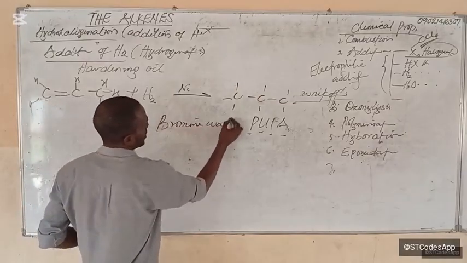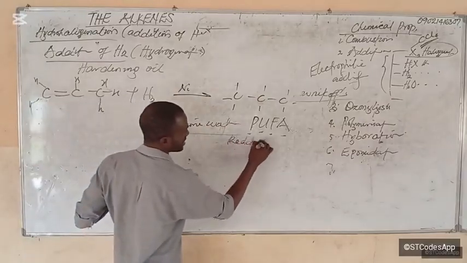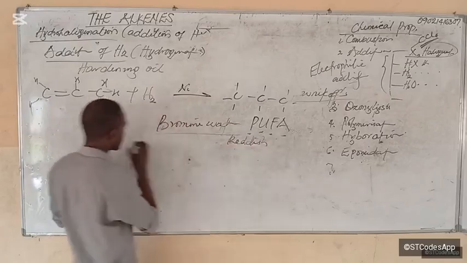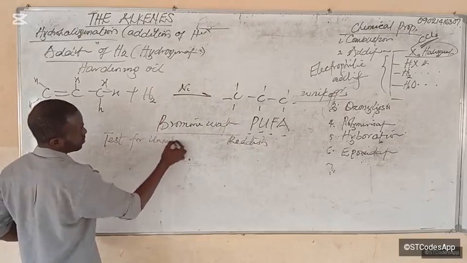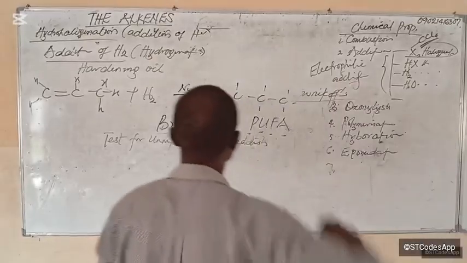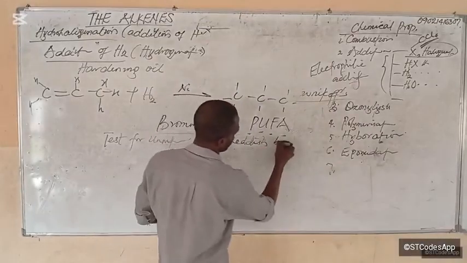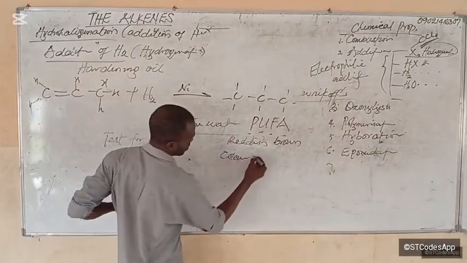Okay, bromine water. The color of bromine water is reddish brown. Is this the test for saturation? It is the test for unsaturation. The reddish brown color changes from reddish brown to colorless.